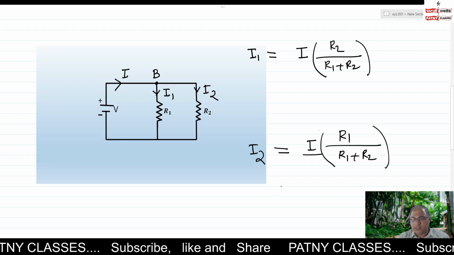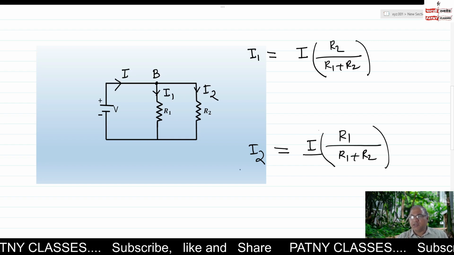By using these expressions, we can easily find the amount of current flowing through the resistors R1 and R2. In this way, we can find the division of current in parallel circuits.